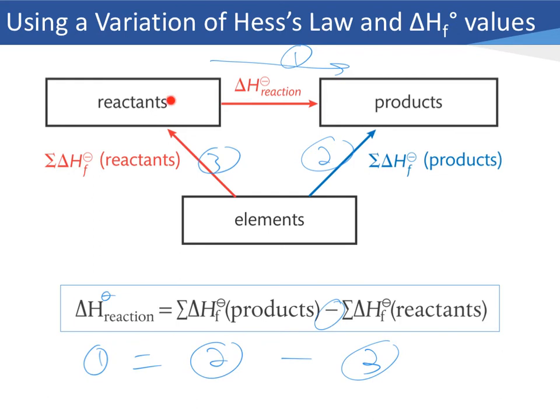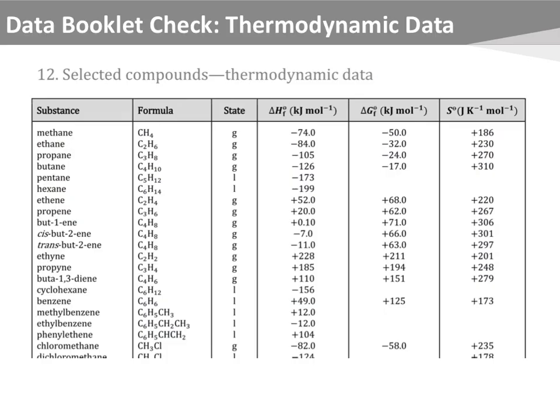Because in order to go from reactants to products as path 1, and from reactants to products using path 2, in this path I have to reverse this reaction. So that means I have products minus the sum of the delta H of formation of the reactants, because of the way the energy cycle works. Now the cool thing is, in our data booklet we actually have delta H of formation for a number of different compounds. Very handy information.